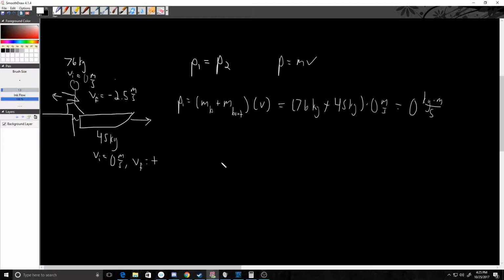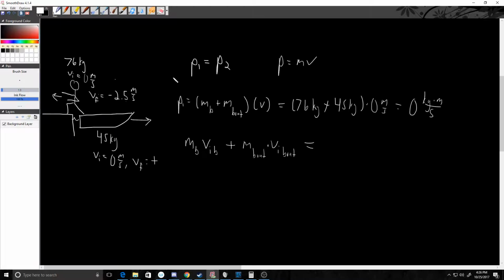That means my ending momentum, my P2. So one way to look at it is, rather than put in P1, we could put the mass of the boater times the initial velocity of the boater, plus the mass of the boat times the initial velocity of the boat.